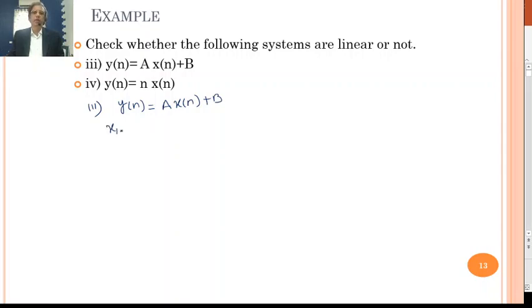Now two inputs are x1n and x2n, discrete inputs, and due to that the responses obtained are y1n and y2n respectively. Then due to the first, we will find out y1n. What is y1n?